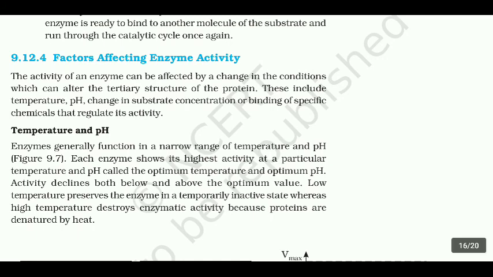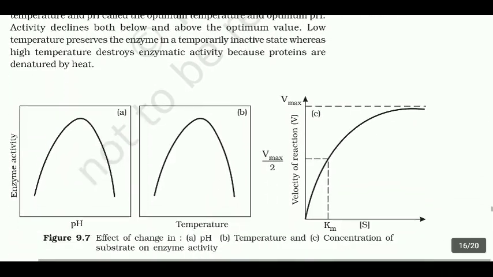Each enzyme shows its highest activity at a particular temperature and pH, called the optimum temperature and optimum pH. Activity declines both below and above the optimum value. Low temperature preserves the enzyme in a temporarily inactive state, whereas high temperature destroys enzymatic activity because proteins are denatured by heat.